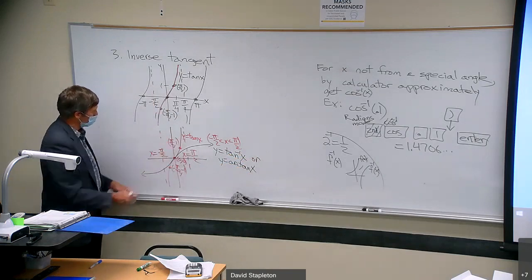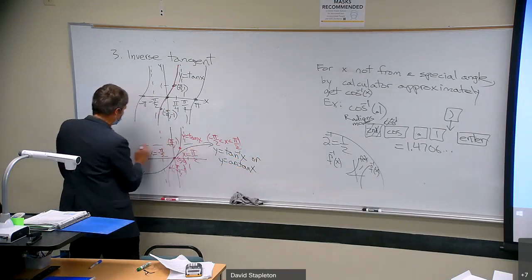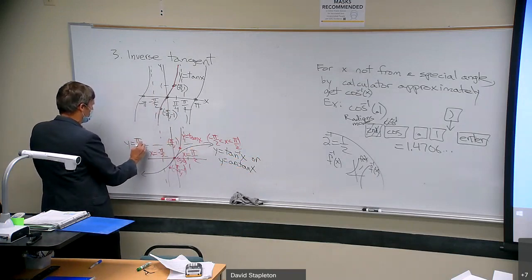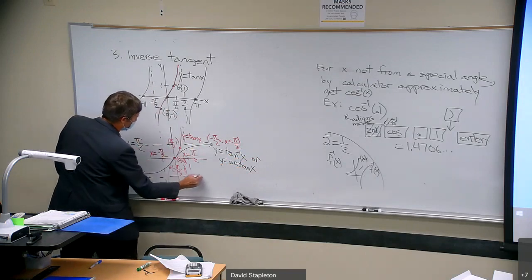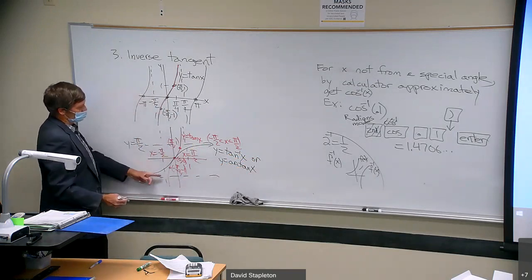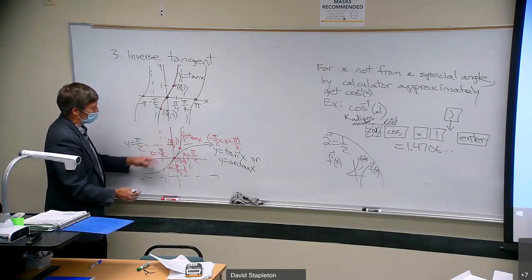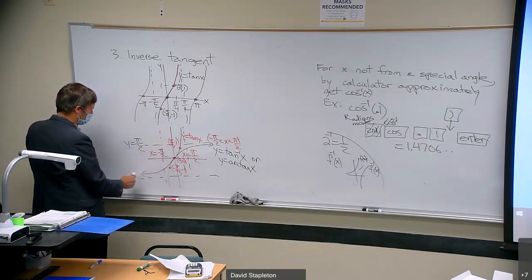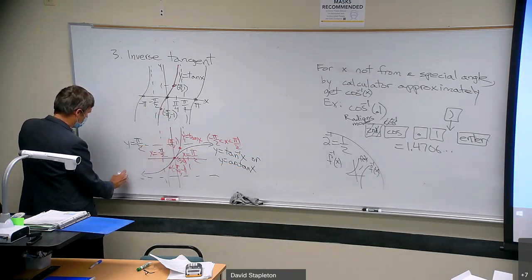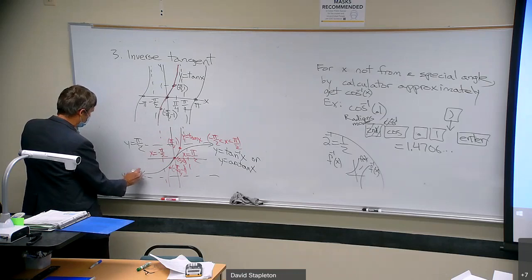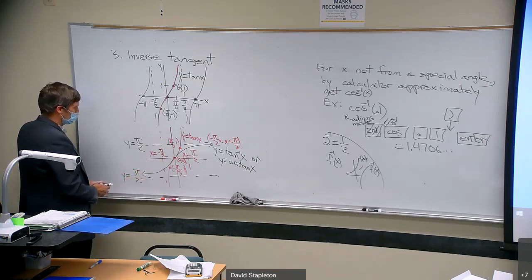When you flip it, they become horizontal lines, y equals plus or minus pi over 2. The arctangent has asymptotes, and it's actually exactly the same shape as the tangent. All you do is flip it. So the tangent rotated 90 degrees like that. There's what it looks like.